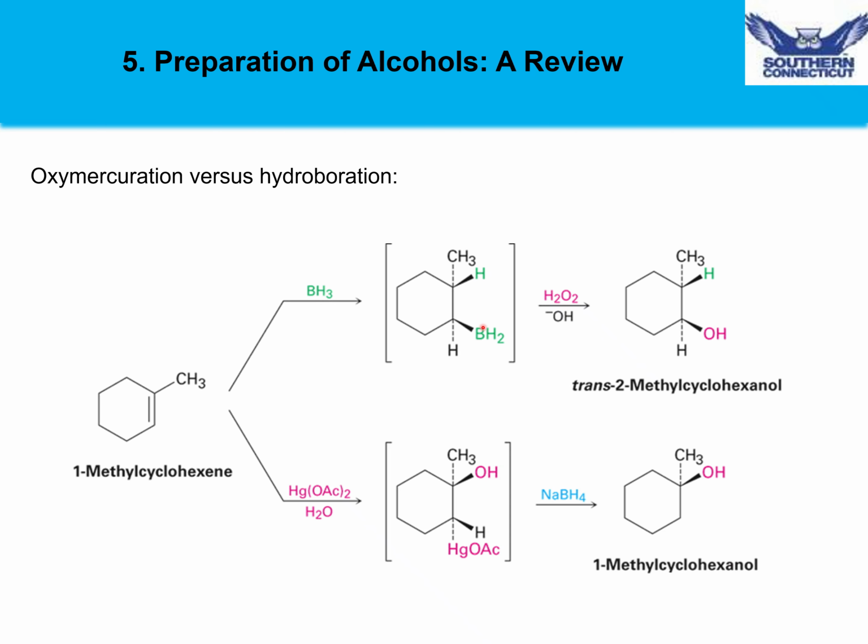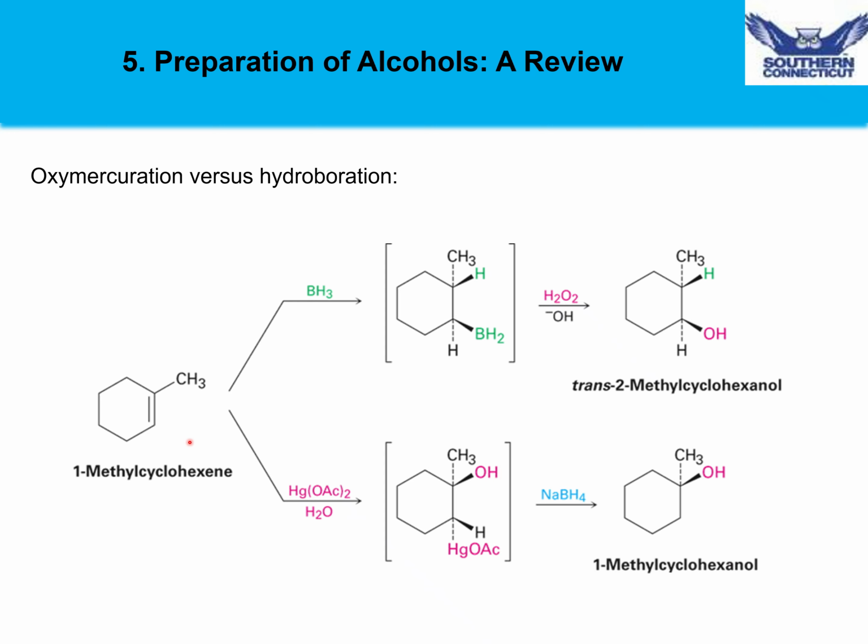Notice there's a syn addition of these two new groups, followed by hydrogen peroxide and base, typically sodium hydroxide. We can convert this BH2 group into an alcohol. The stereochemistry doesn't change. We still have the OH syn to the hydrogen that just added. As a result, we end up with the trans 2-methyl-cyclohexanol because this alcohol is on the opposite side of the original methyl group that was on the double bond.